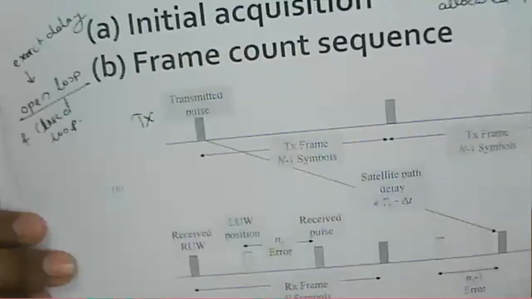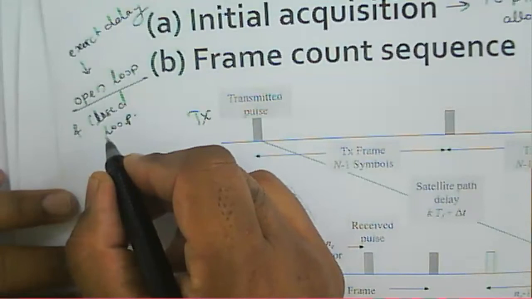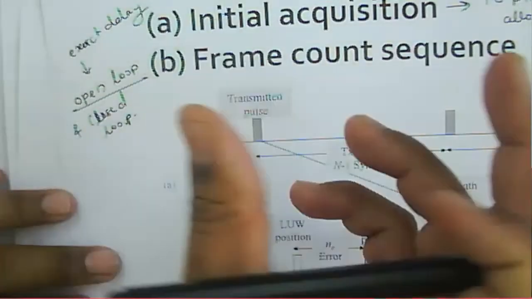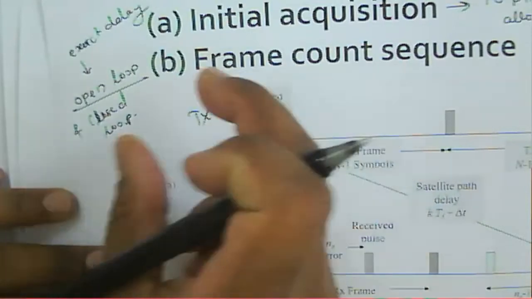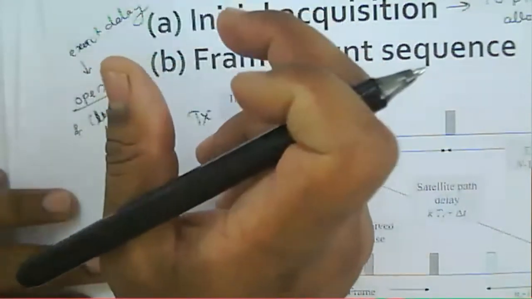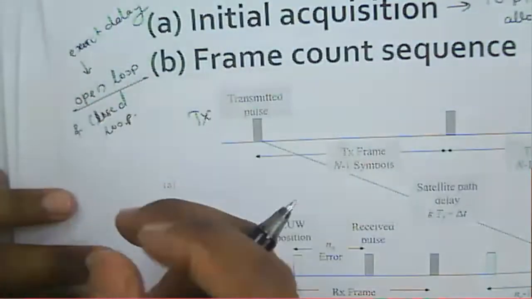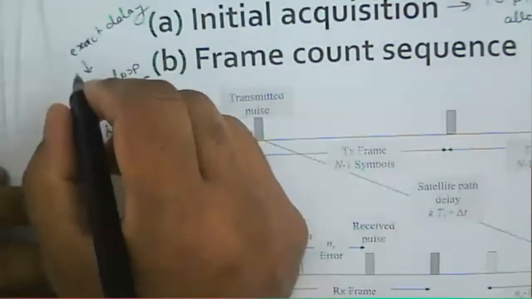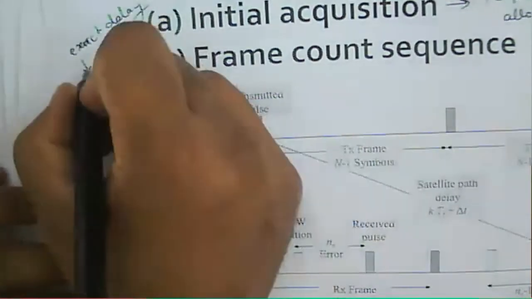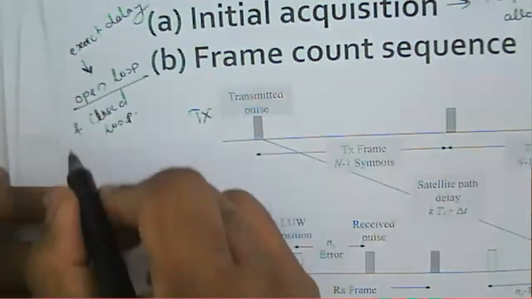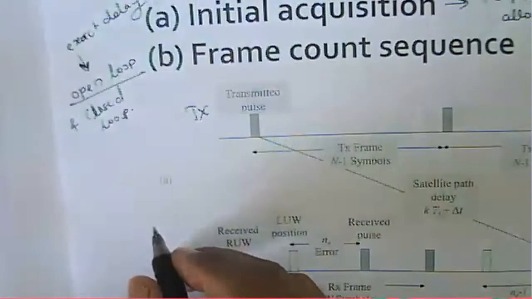Once we know the exact delay, or there may be a small variation, a delay of one or two symbols, that can be calculated using this open loop acquisition system.